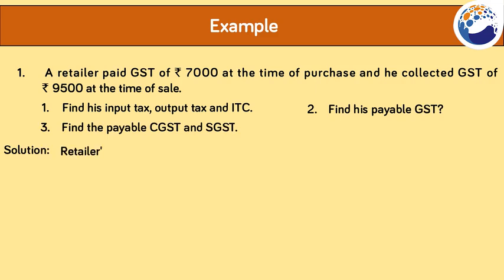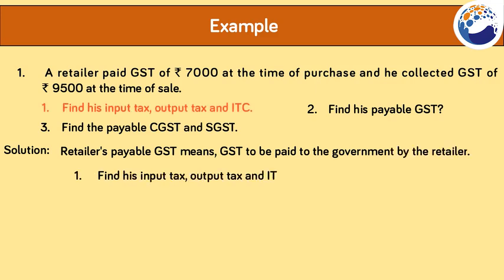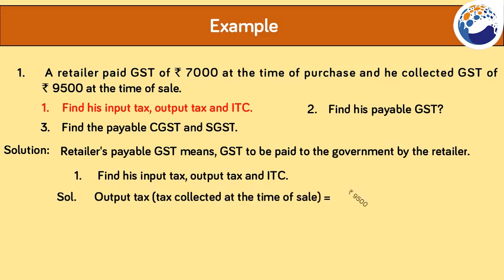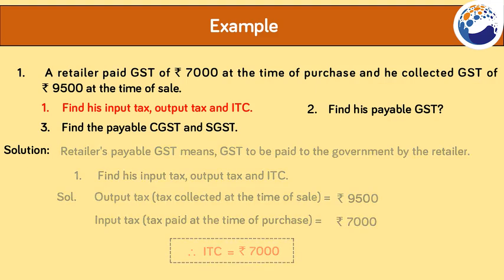Solution. Retailer's payable GST means GST to be paid to the government by the retailer. Output tax, tax collected at the time of sale, is equal to rupees 9,500. Input tax, tax paid at the time of purchase, is equal to rupees 7,000. Therefore, ITC is equal to rupees 7,000.